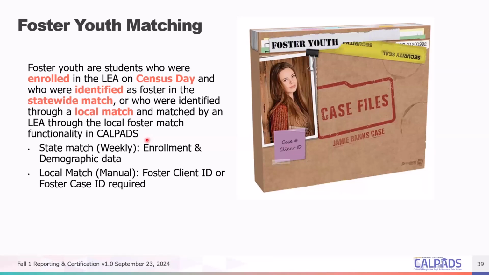Now, let's say you are sure that the student is eligible, but for some reason the state matching reports may be late. You expect them every, I believe, Wednesday or Thursday.